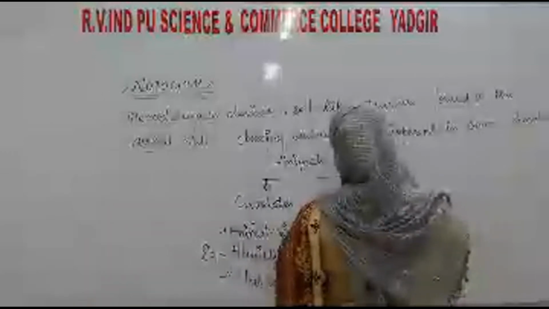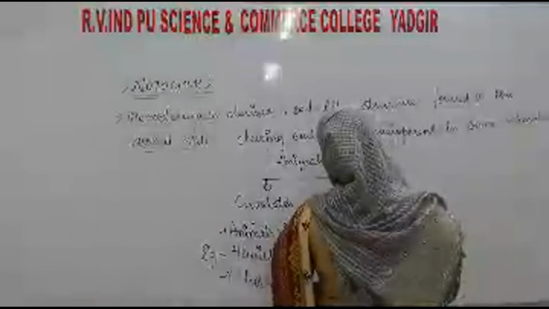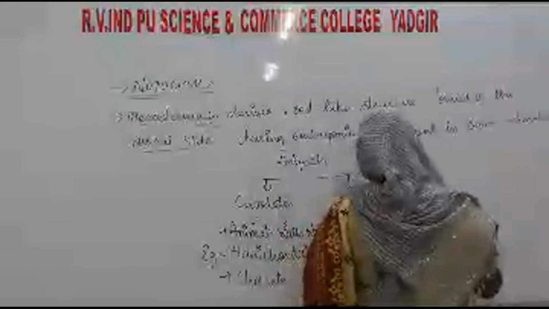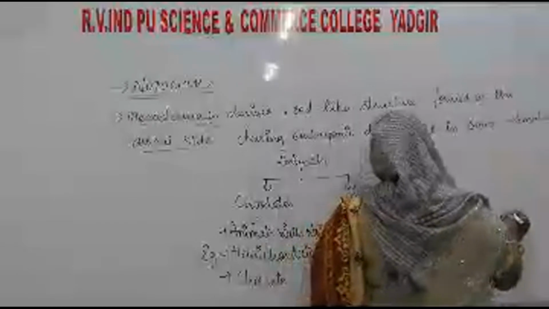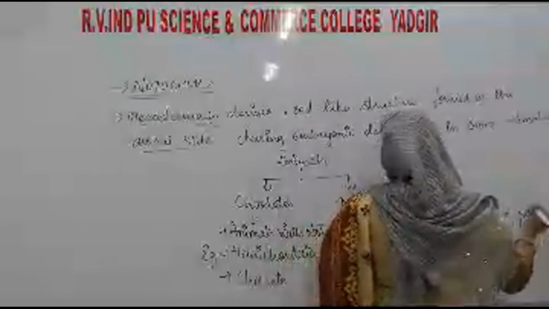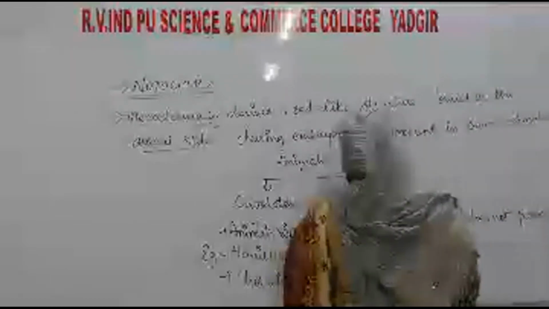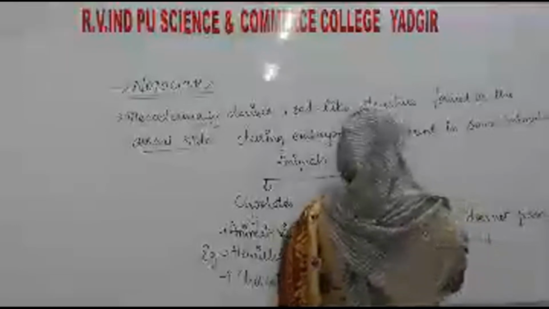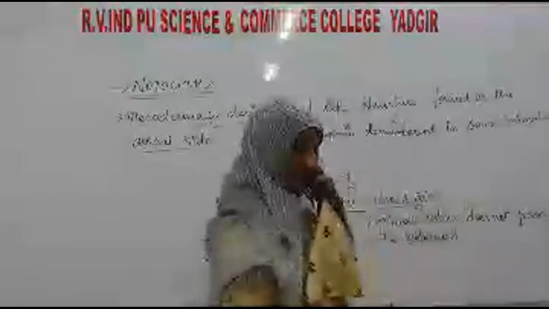Non-chordates means animals which do not possess the notochord. They are known as the non-chordates. They will not have any chordate or rod-like structure.